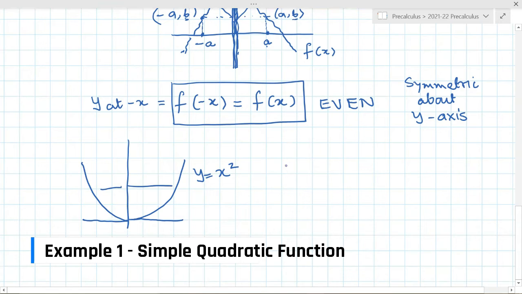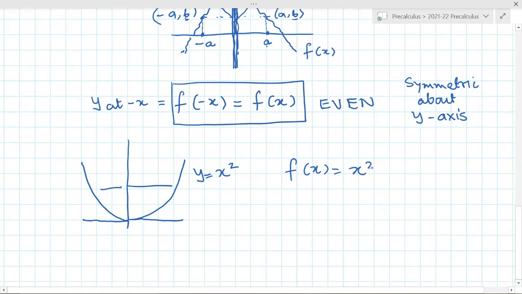So let's try that. So f of x is x squared. Let's try f of negative x. What is that equal to? Instead of x, I need to put negative x. And always remember to use parentheses, otherwise you get it wrong.